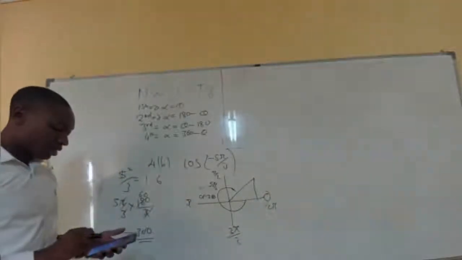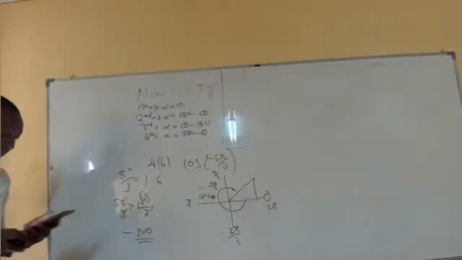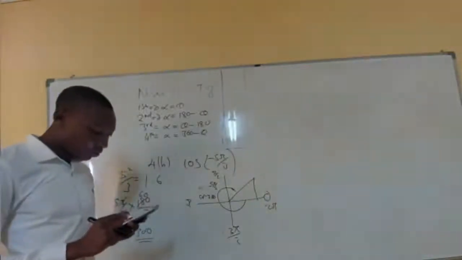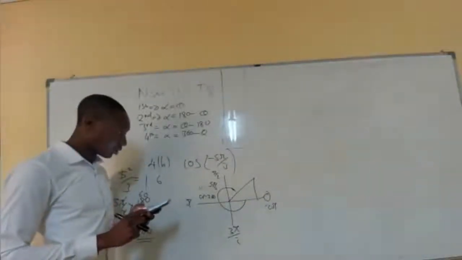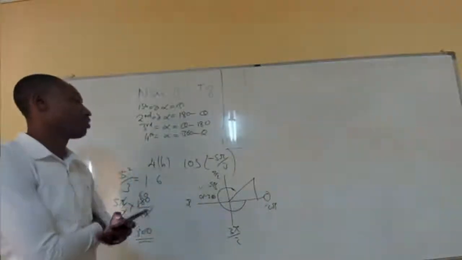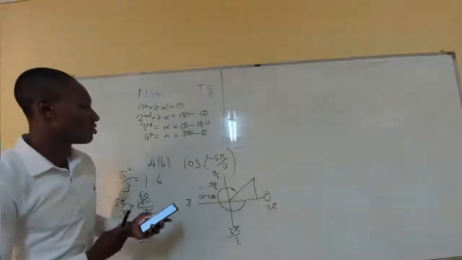Now that we have that, how do we find the value in question? Cos of negative 5 pi over 3 is the same as cos of negative 300.